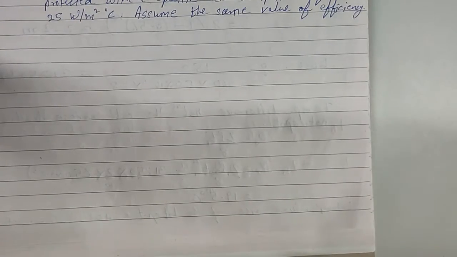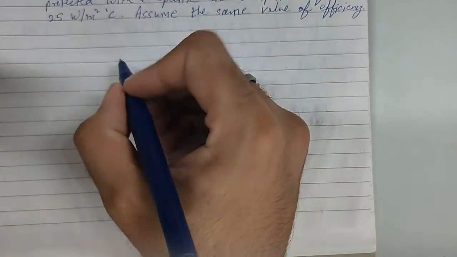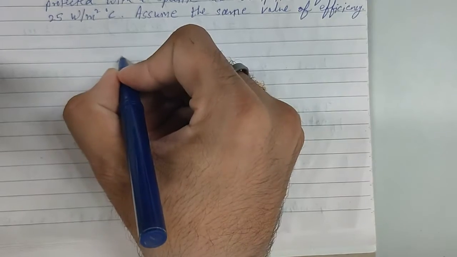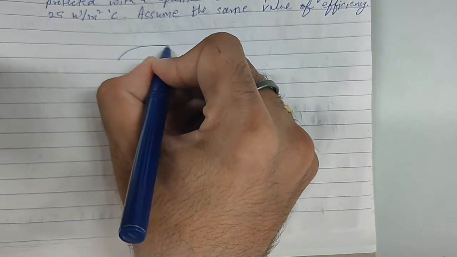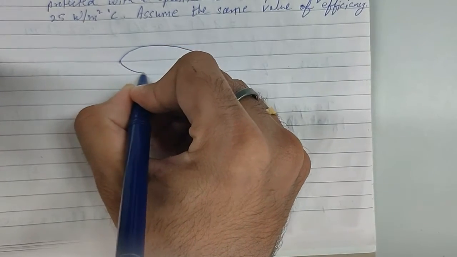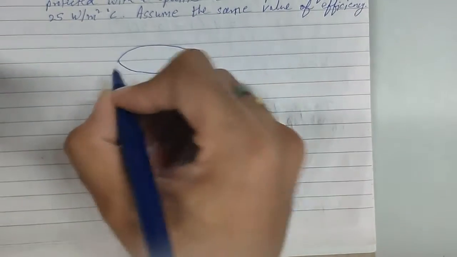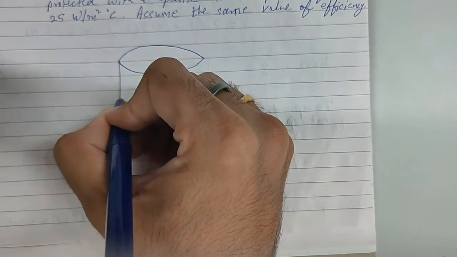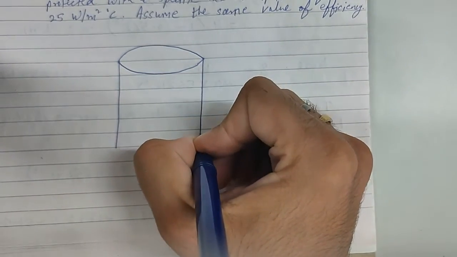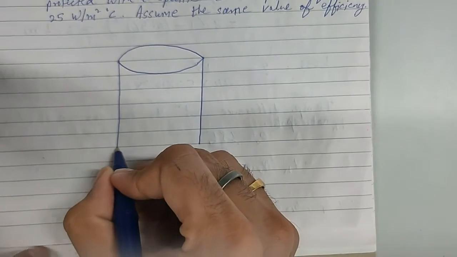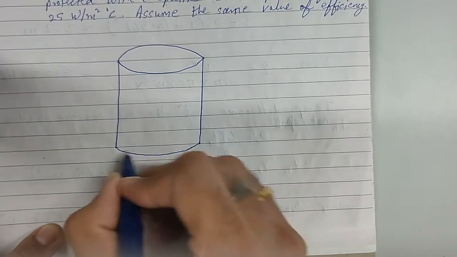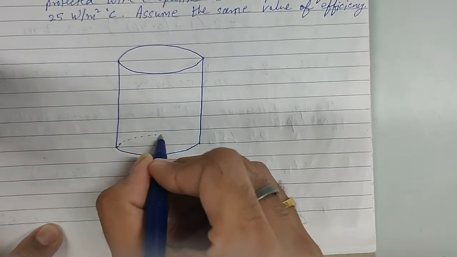Now, since it is given in the question that we have to assume the machine as a totally enclosed cylinder, let us take an enclosed cylinder and assume that this induction motor has been mounted vertically instead of horizontally.